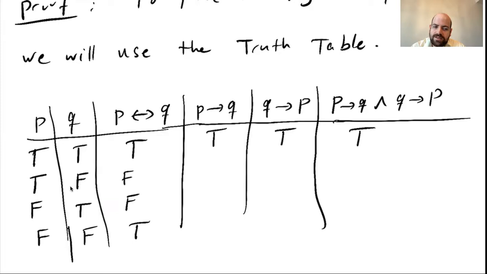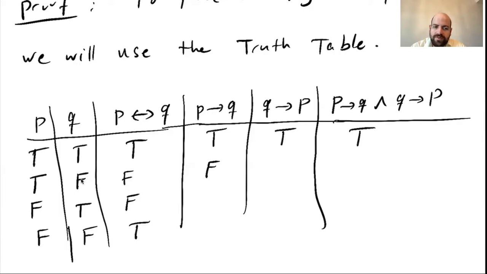Now let's look at the second row. I want to fill this column first. P is true in the second row, P is true, Q is false. True implies false is false. What about Q implies P? I'm still in the second row.